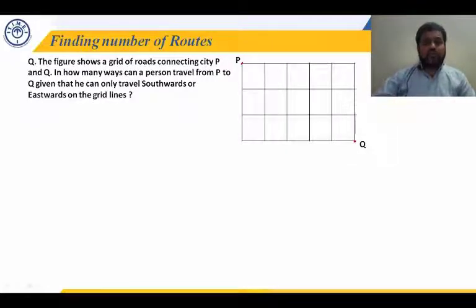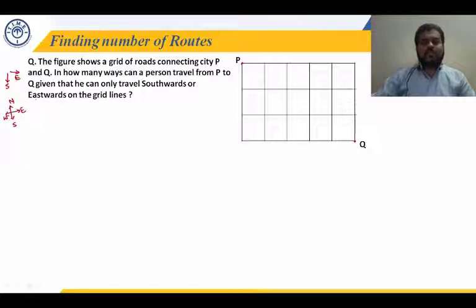Southwards or eastwards means, in the standard direction, this is north, this is south, this is east, and this is west. So from P to Q, a person can only come towards this direction, this is towards south, so he can only come downwards, or he can only go in this direction, this is east.